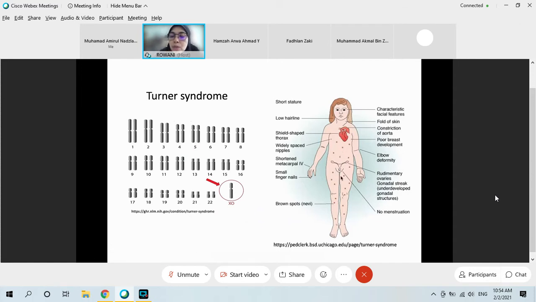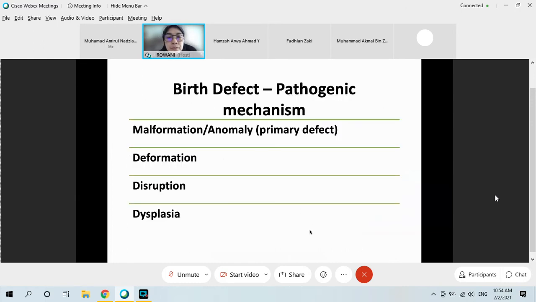But some of them do have normal menstruation and can become pregnant and give birth, but the majority do not. The majority have gonadal dysgenesis. So this is Turner syndrome.